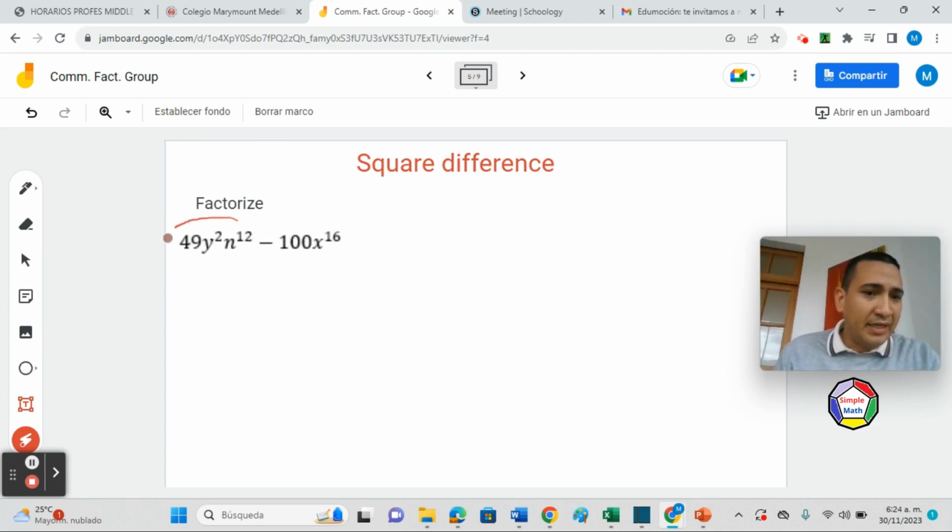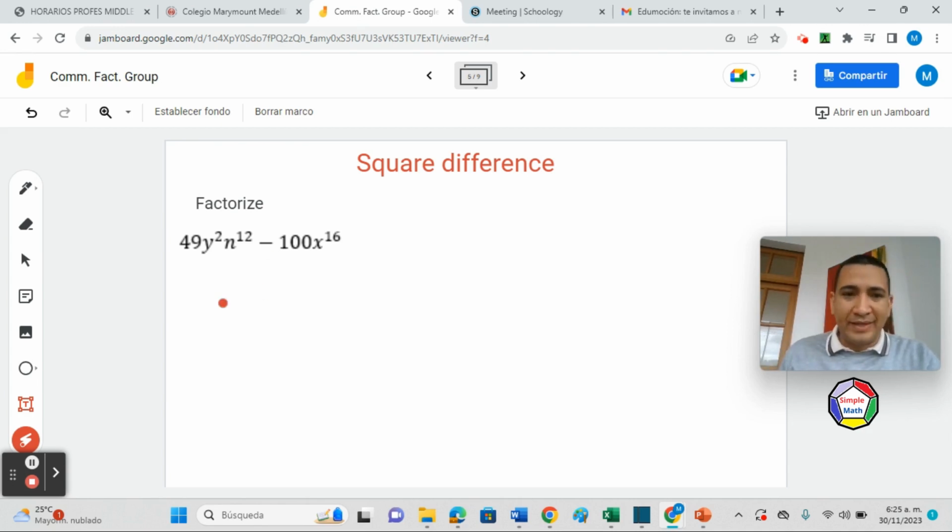So the first term complete has a square root, and the second term also has a square root as a whole, right? So the first step is to identify if the first term has a square root and the second one as well. If that happens, this is the way we solve square difference.